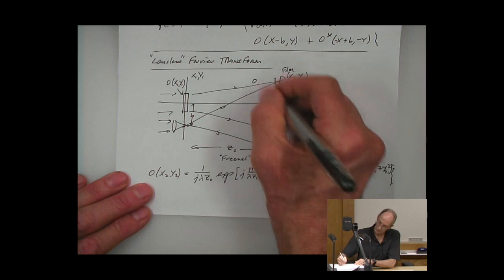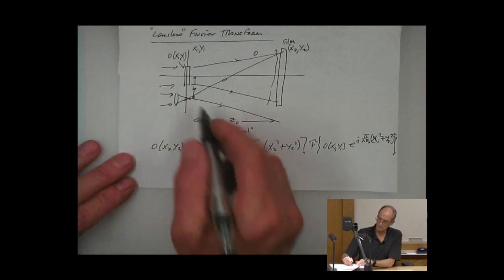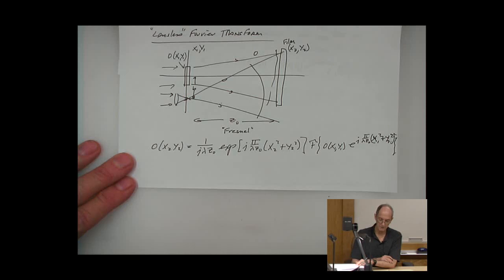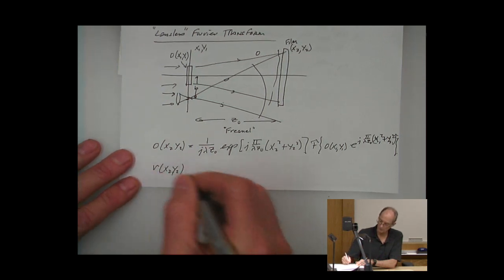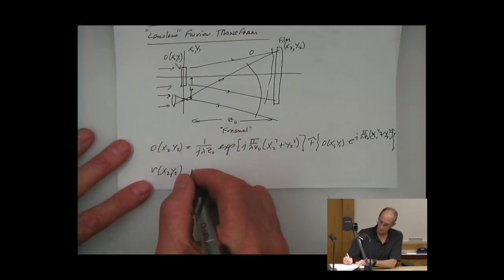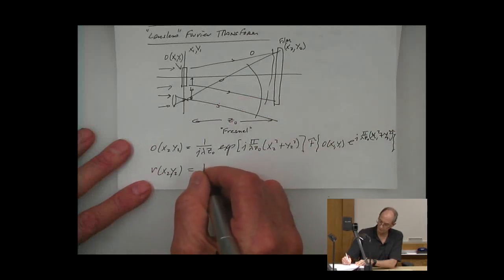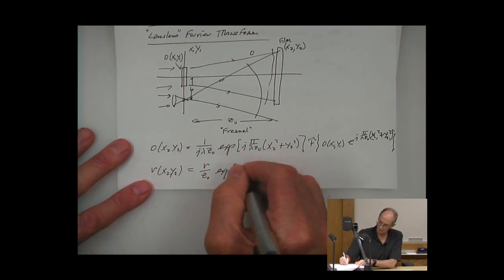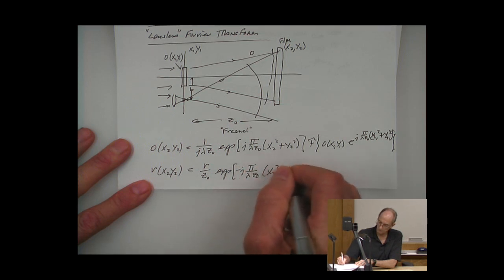So that's the object field coming out here, and then we have the reference field. So the reference field is an expanding spherical wave, right? That's what we have here. And it's kind of a special spherical wave because the r of x2, y2 that we end up with is equal to, if the distance is reasonably far, perhaps an amplitude r over z0 times exponential of minus j pi over lambda z0 times x2 squared plus y2 squared.